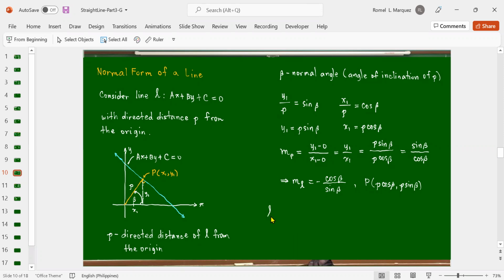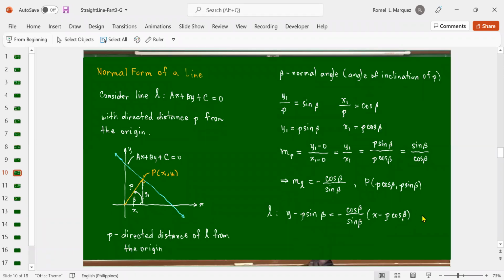So L is now given by y minus y sub 1, that is P sine beta. What is the slope? Negative cosine beta over sine beta, multiplied by x minus x sub 1, which is P cosine beta.